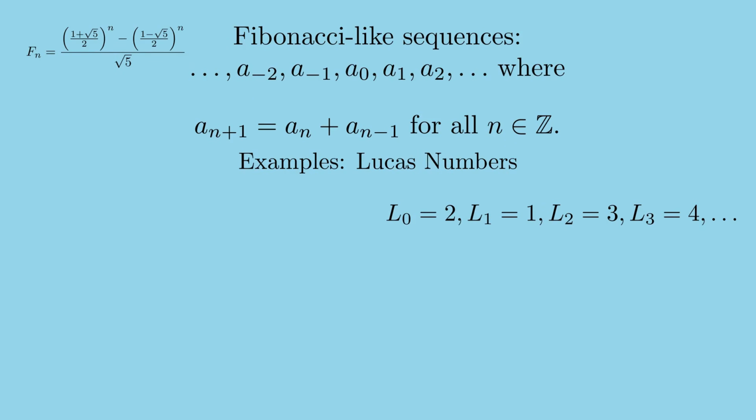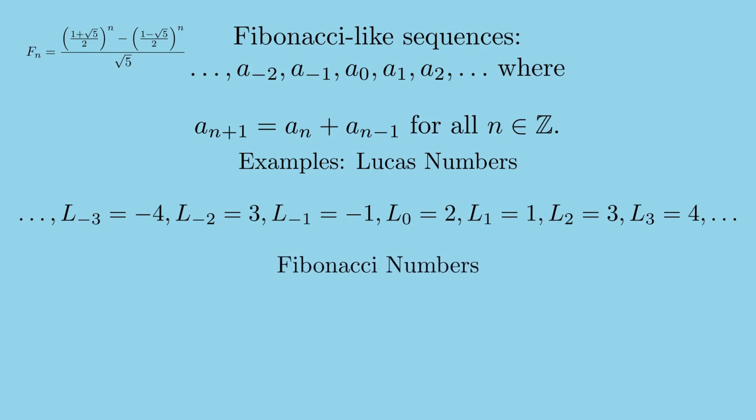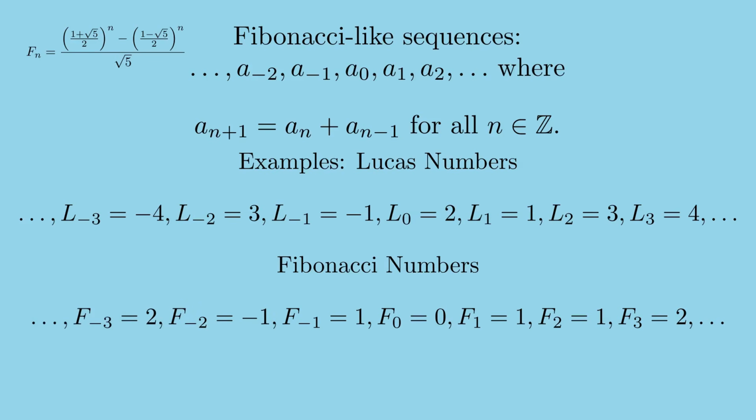If these two must add to this, then this minus this should equal this. So the Lucas numbers extend backwards as -1, 3, -4, 7, etc. And Fibonacci starts 0, 1, 1, 2, 3, and so on, and extends backwards 1, -1, 2, -3, and so on.